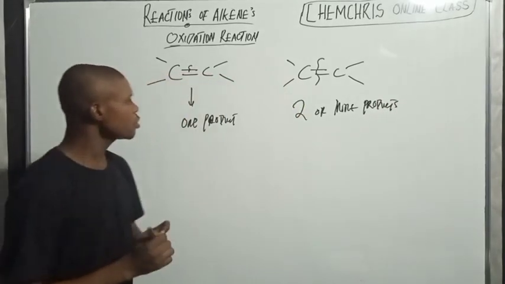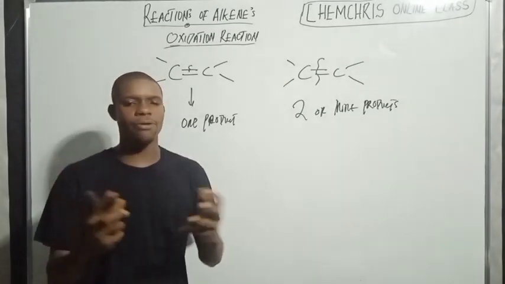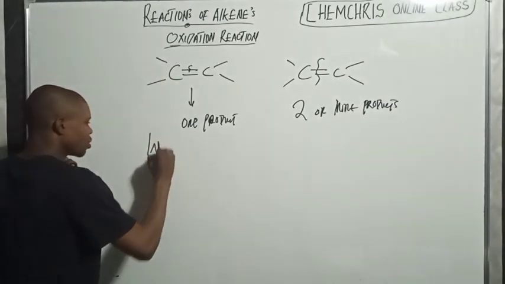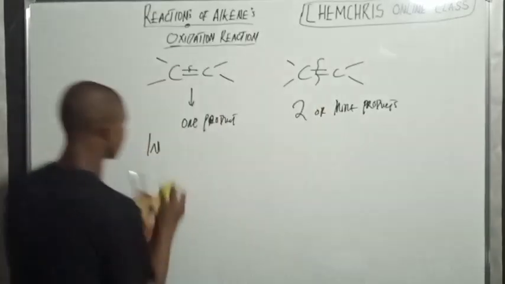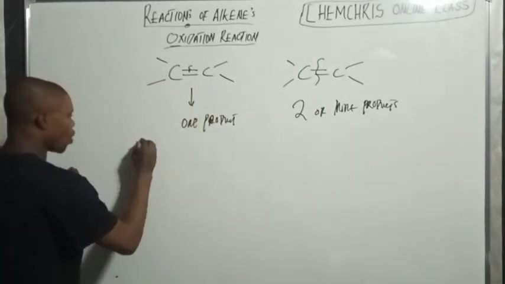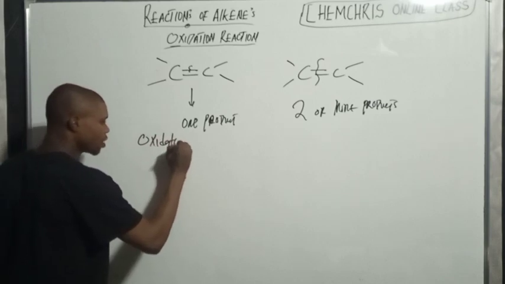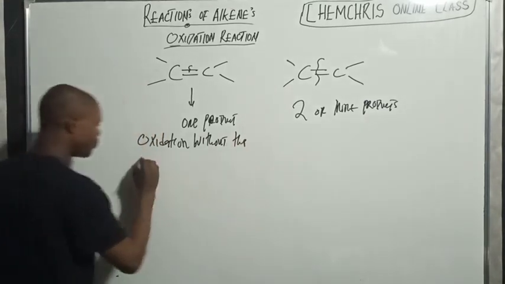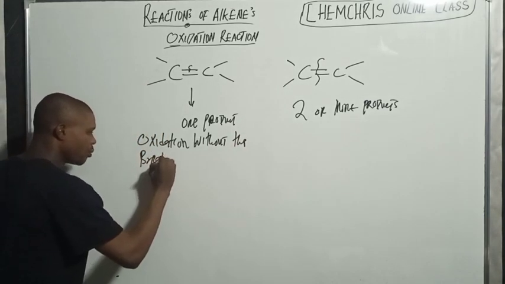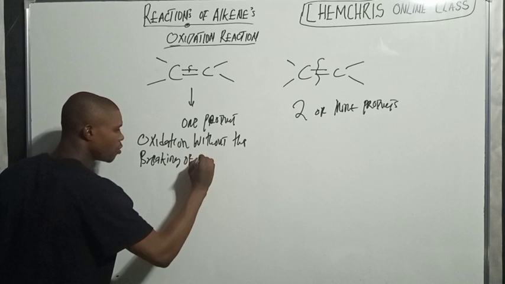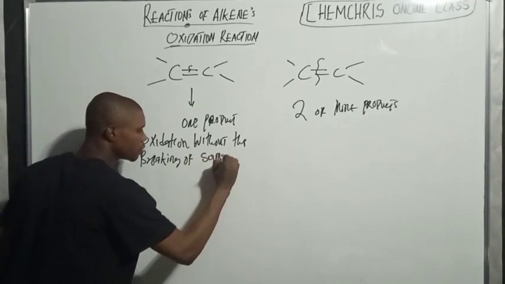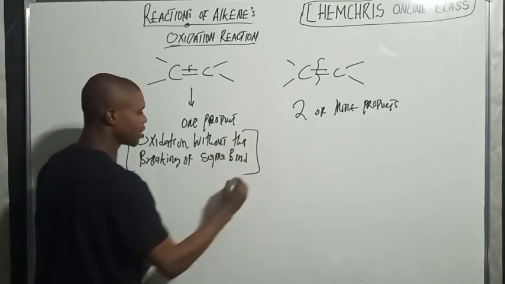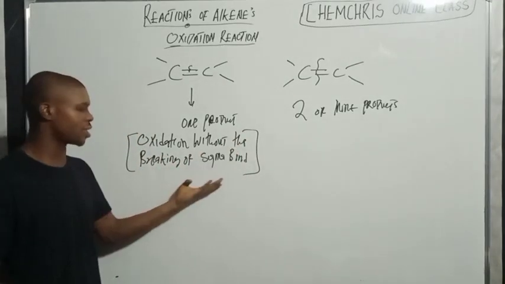So we have two types of oxidation of the alkenes. Here we have oxidation without the breaking of the sigma bond.